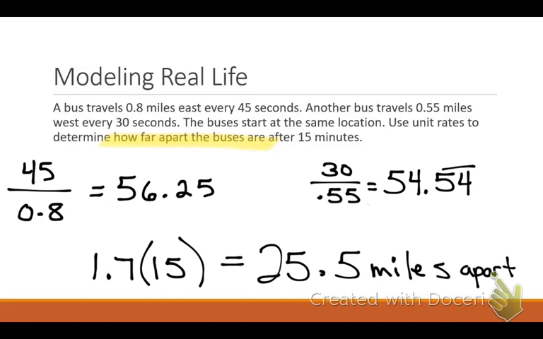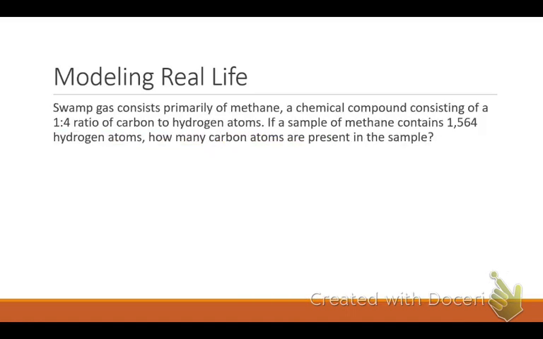The other ones should be pretty basic to set up. They're just your proportions. If your first ratio is 1 to 4, what does the 1 stand for? Carbon and hydrogen atoms. So on the other side, what value is 1564?